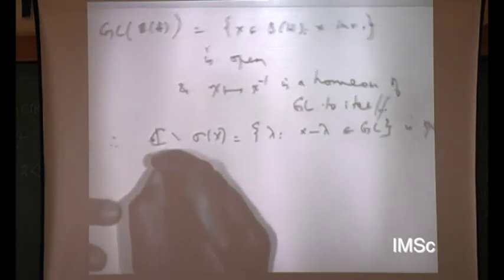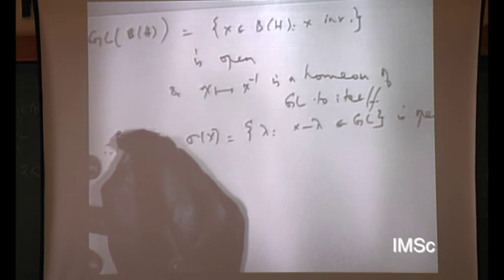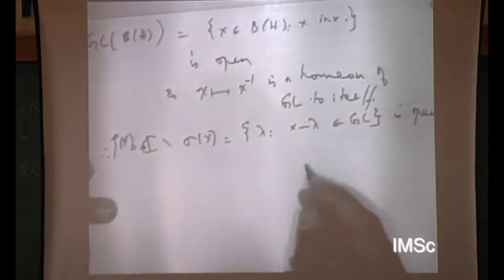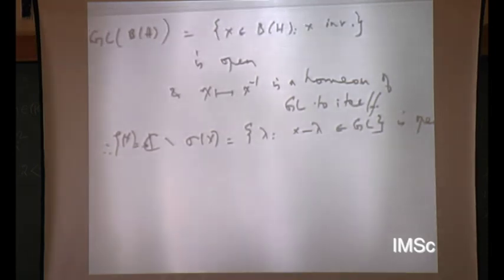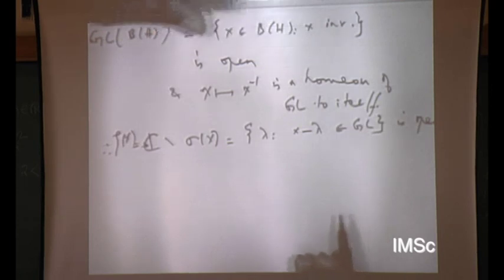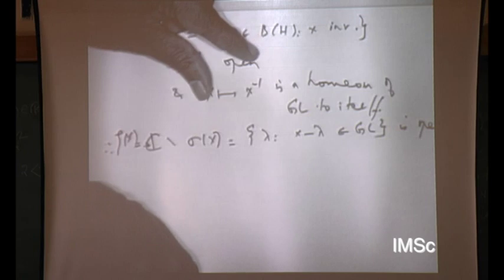This is usually called the resolvent of x, denoted by rho of x. And so what they say is that therefore sigma x is closed. We've already seen it bounded, so the spectrum is compact. Okay, so let's go to the next item on the agenda.